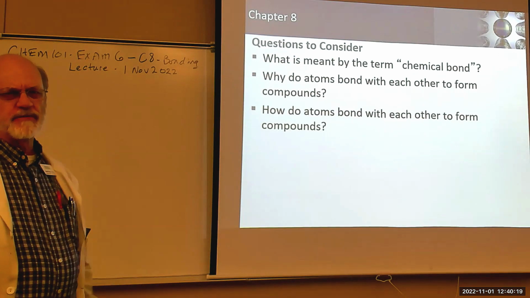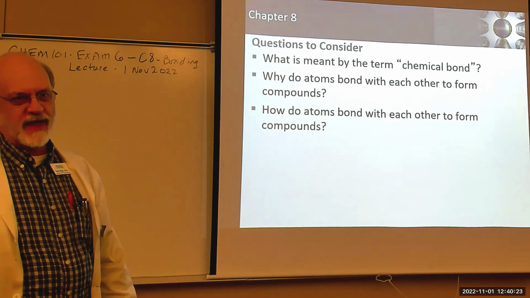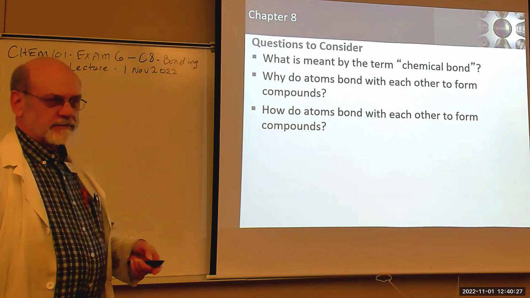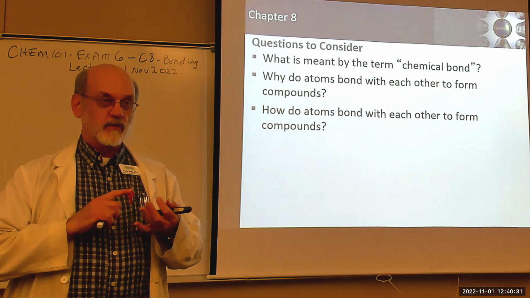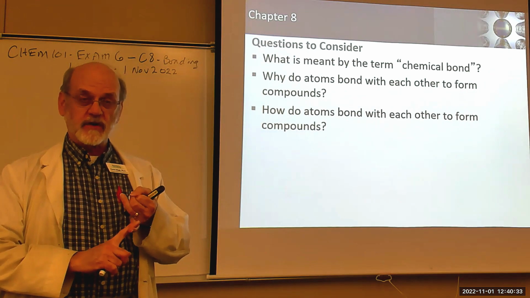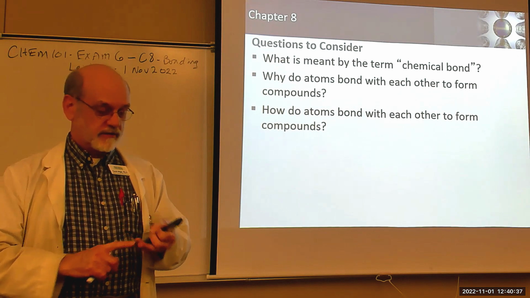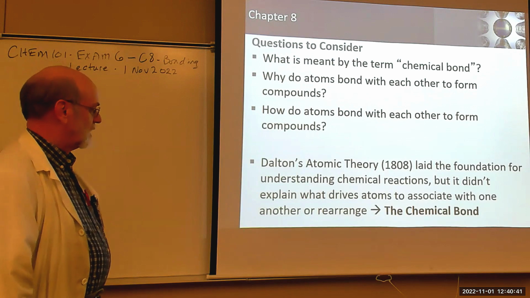All right, we've flogged this horse several times in the past. How do atoms bond with each other? We've described them as either ionic bonding or covalent bonding. In other words, there's a complete transfer of electrons, or there is a sharing of electrons.